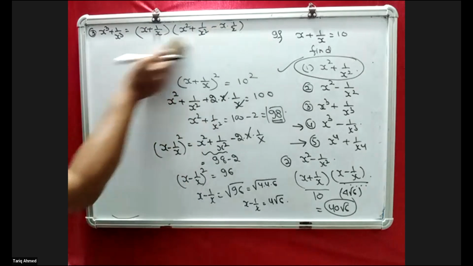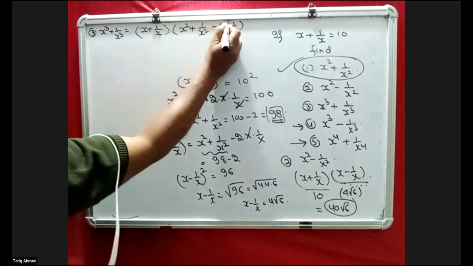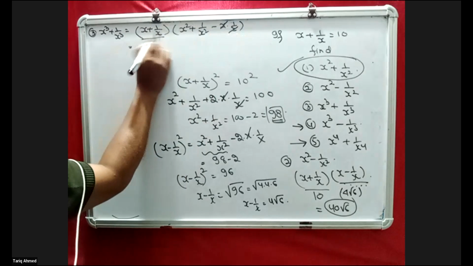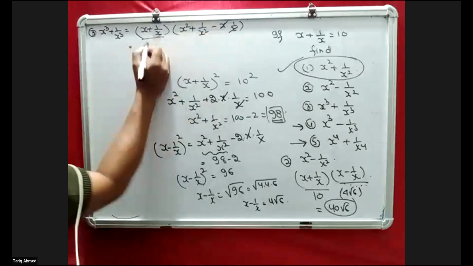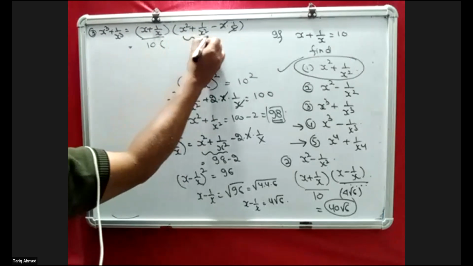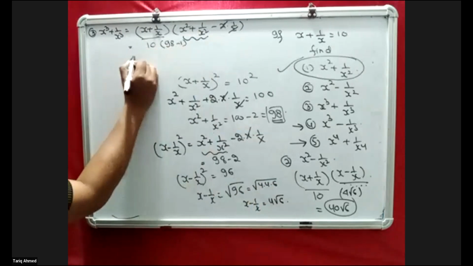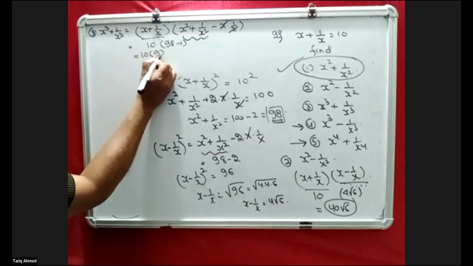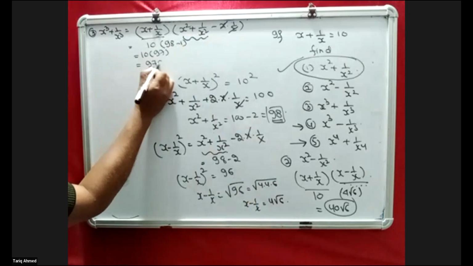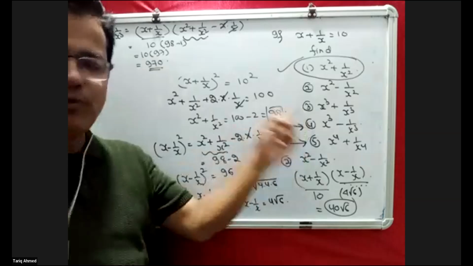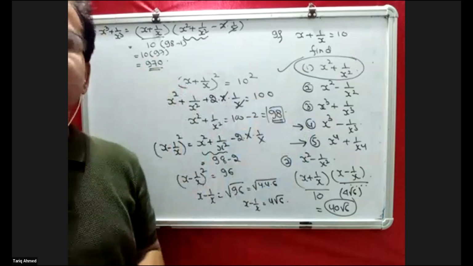I am rubbing this. x and x will cancel. We have the value of x plus 1 by x given in the question, 10. We have already found the value of x square plus 1 by x square, 98, then minus 1, 10 into 97, so it is 970. So we get the value of the third one, x cube plus 1 by x cube, that is 970.